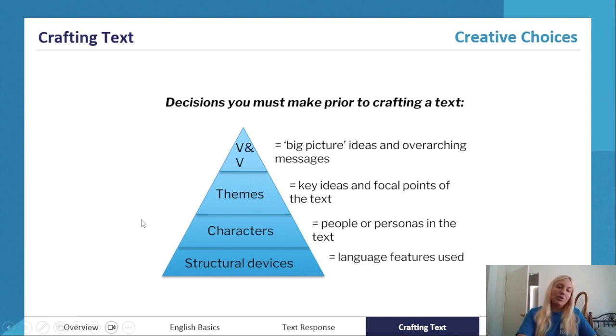Think about how you will make all of these things apparent in your crafting text piece, and how you will also be able to analyze them and link them back to your mentor texts with regards to your framework in your statement of intention.